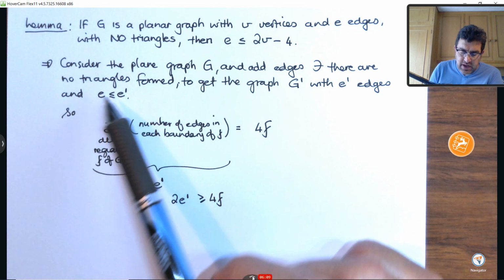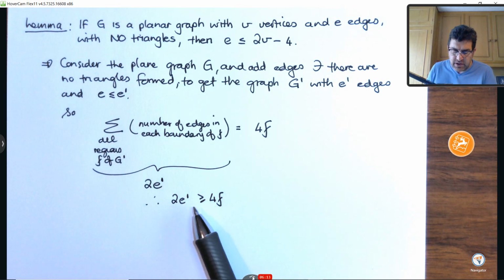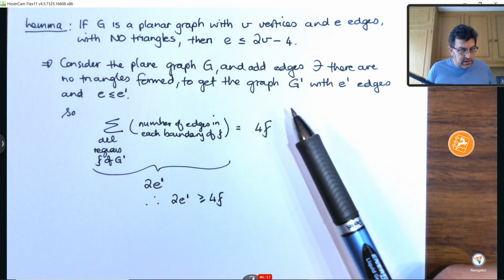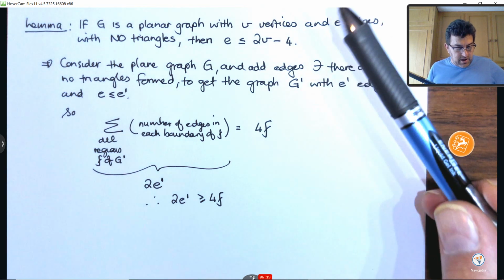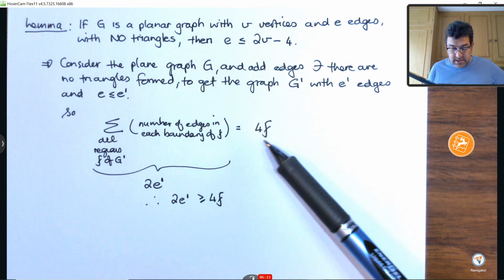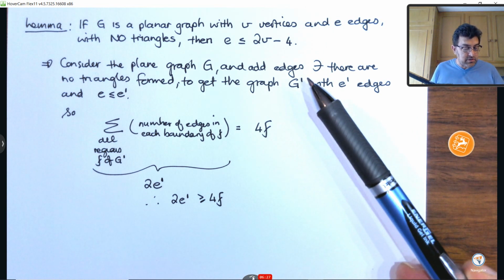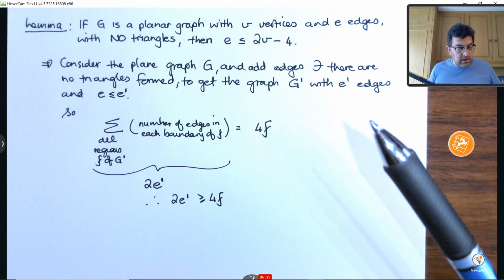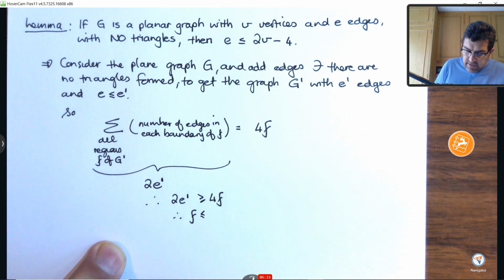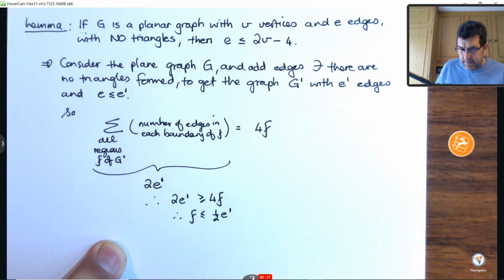The number of edges is now bigger. Twice that number of edges is now bigger than what we had initially. G prime has 4 edges on the boundary region, so that accounts for that number. And then the sum of all the edges on the boundaries has been double counted. Okay, so what do we see here? We see that F is smaller than or equal to a half E prime.